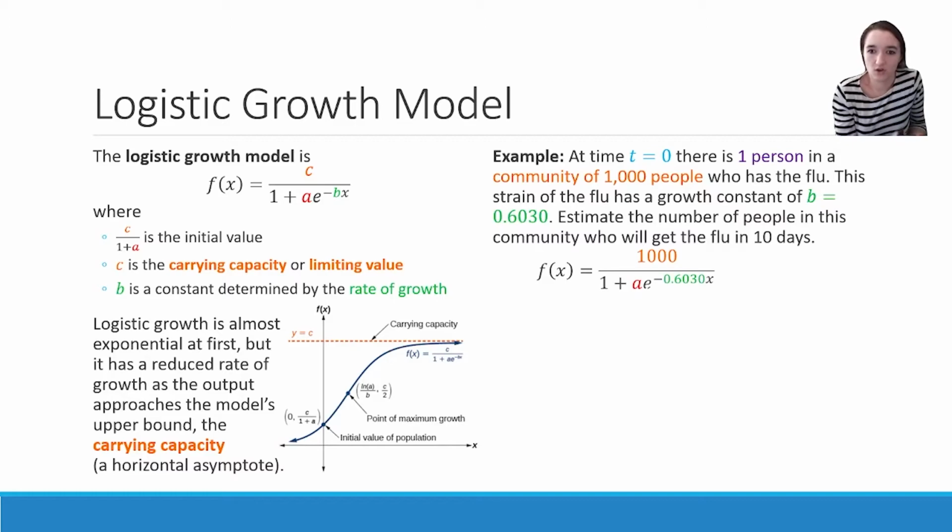So when we plug all of this information from the example into our equation, what does that necessarily look like?